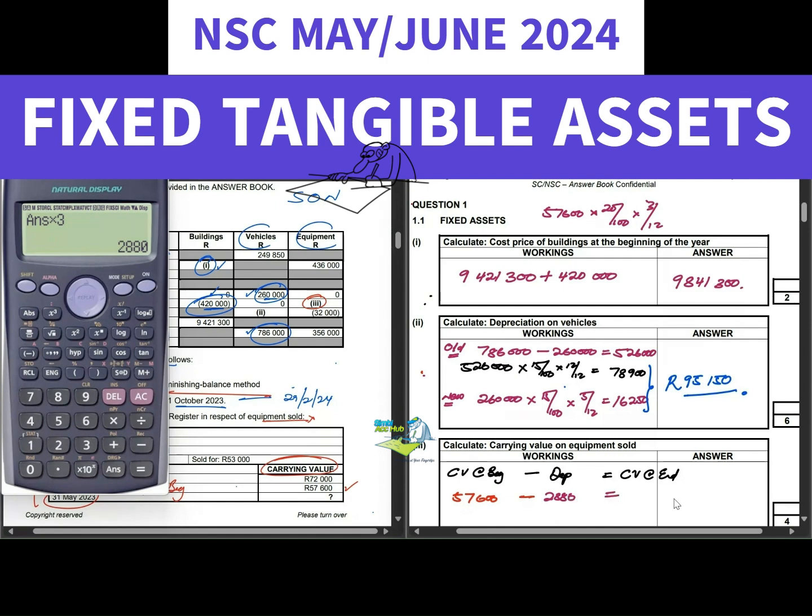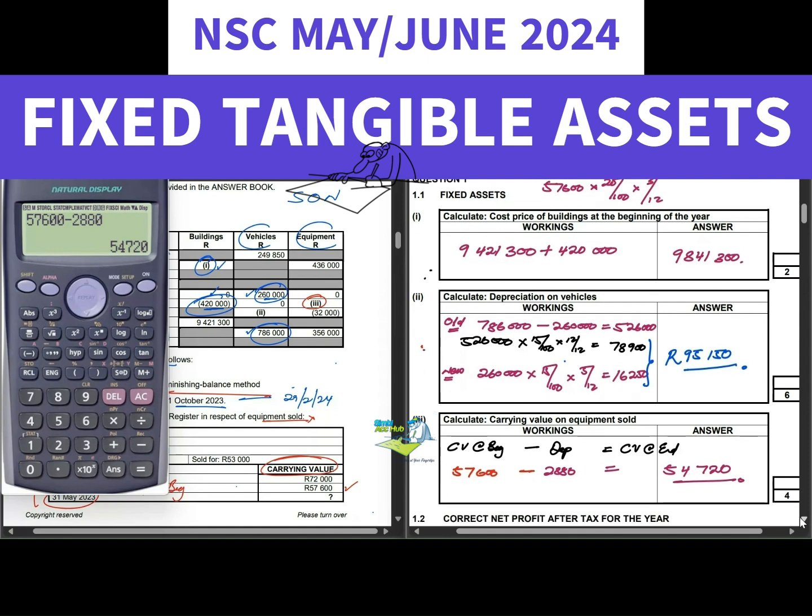That will now give me my carrying value at the end. So I'll now say my 57,600 minus the 2,880. That will give me 54,720, and that becomes the carrying value on the equipment on the date of disposal.